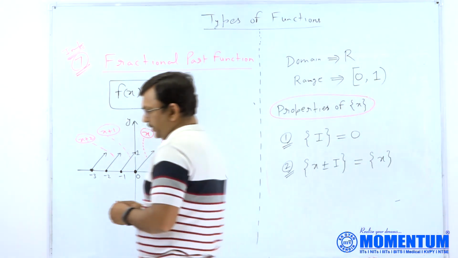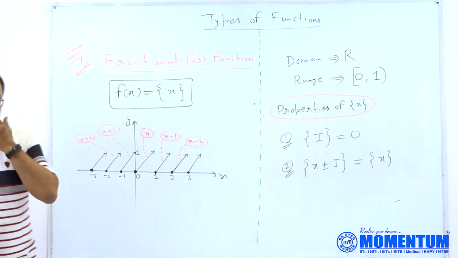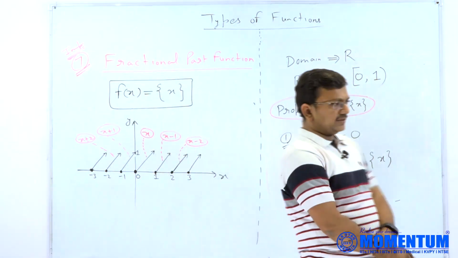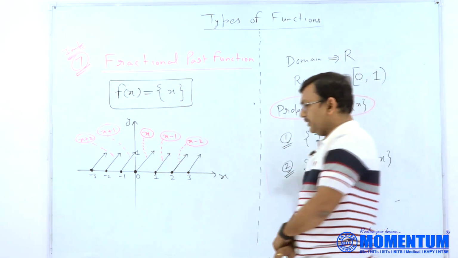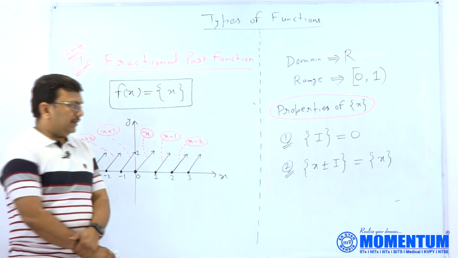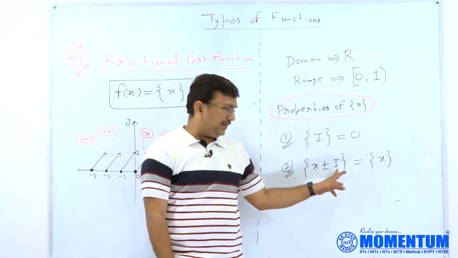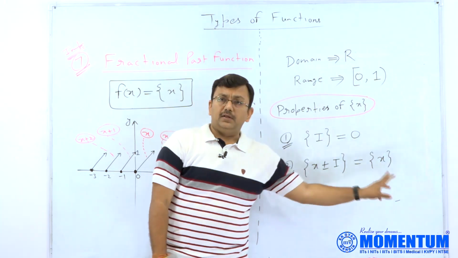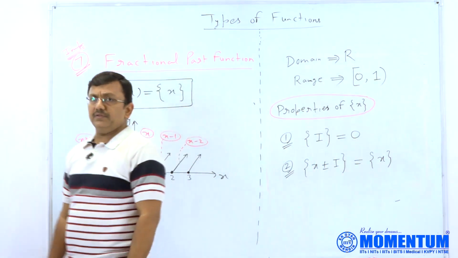Means if we have integer in plus minus inside the curly bracket, it will directly disappear. Greatest integer में देखा था integer बाहर आ जाता है, but here in case of curly bracket it directly disappear.